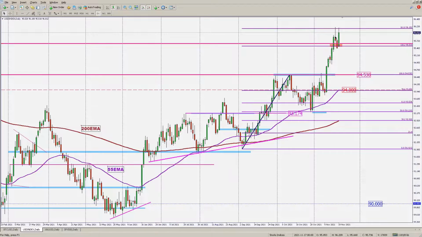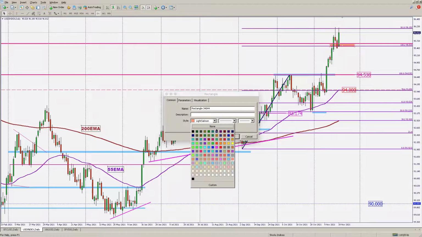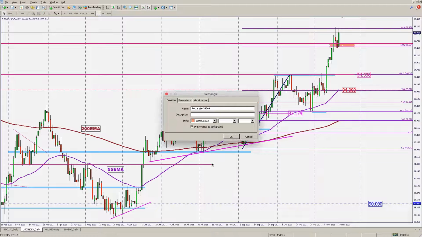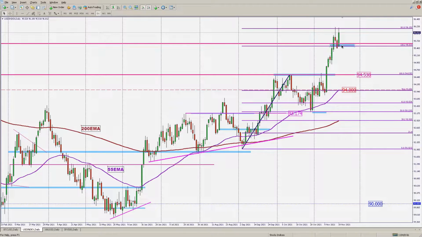Hit on the Wednesday, pull back into the support, and then targeted it again on Friday. So still turning very bullish here. So this will turn into support zone here.